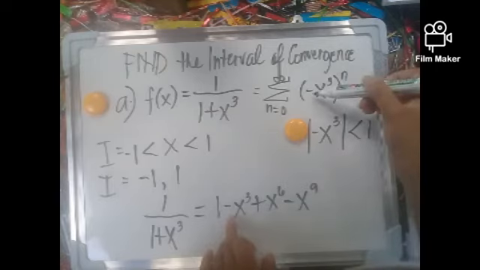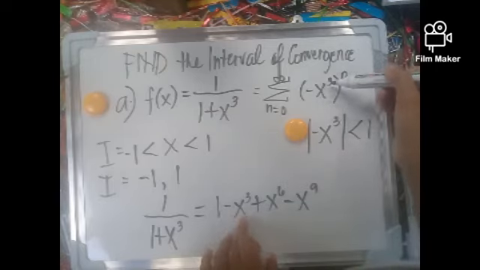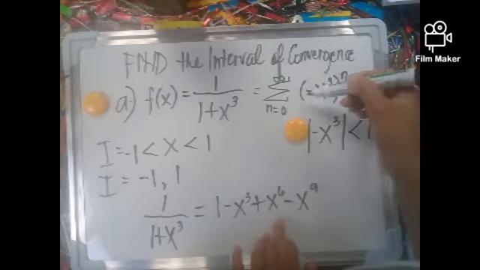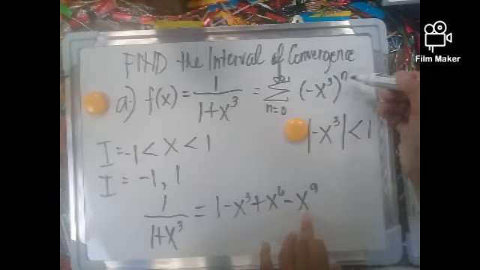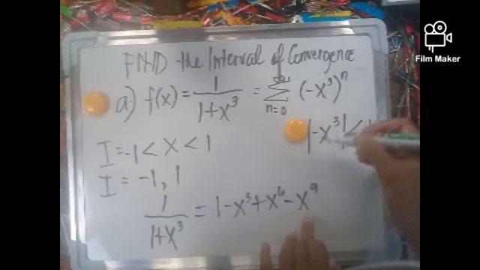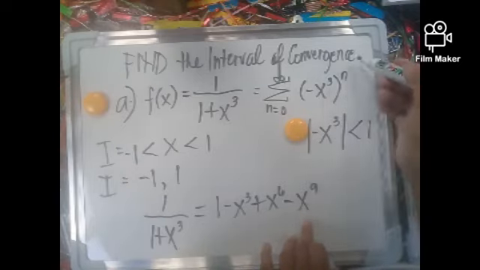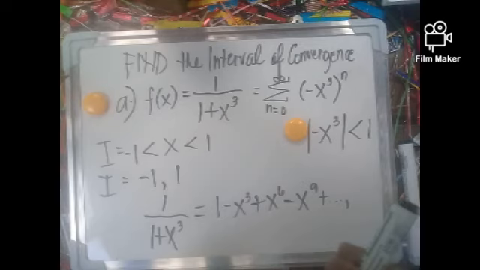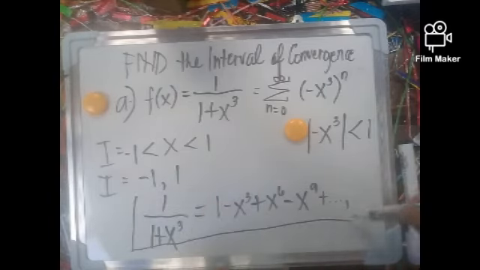When 1, so it will become negative x cubed. Kapag 2, negative 3 times 2 is 6. So, positive x raised to 6. Kapag 3 times 3 is 9. So, negative x raised to 9. And the next is positive, and so on and so forth. So, that's the power series for this function.